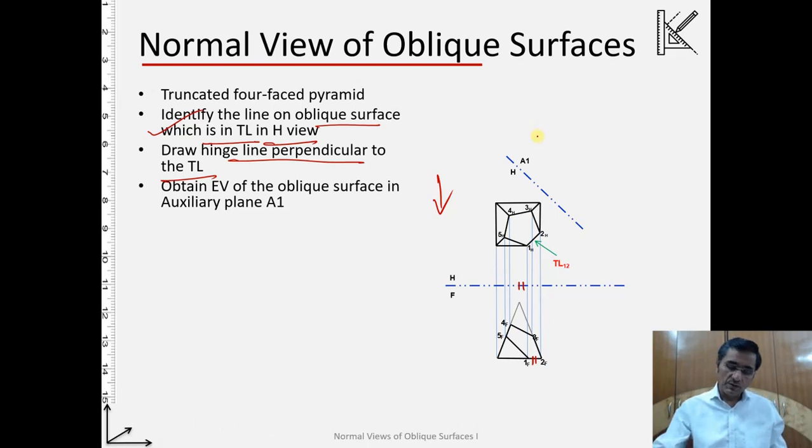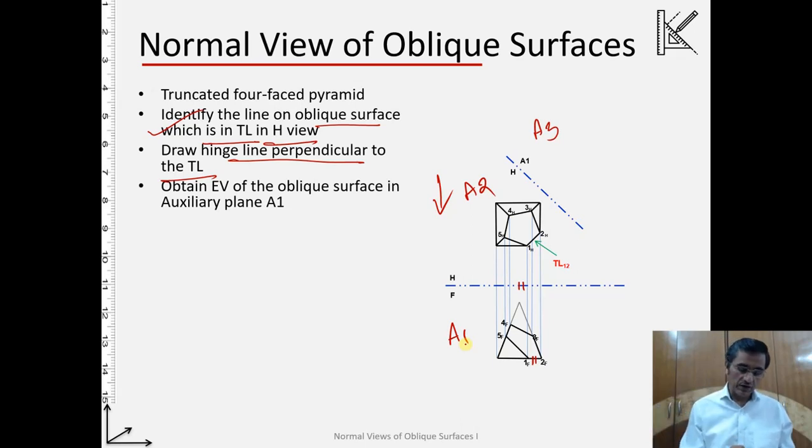So now what will happen, as per our definition, this is A3, that's A2, and this is A1. So we will be measuring the distance on A1, taking the projectors from A2 and then projecting them finally onto the A3. So if we do it, we will get the edge view of the oblique surface, because the line which is known and we are looking along that line, and the projection of that line on the horizontal is known as the true length.